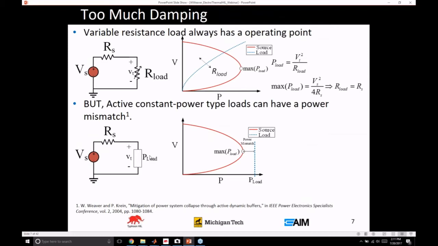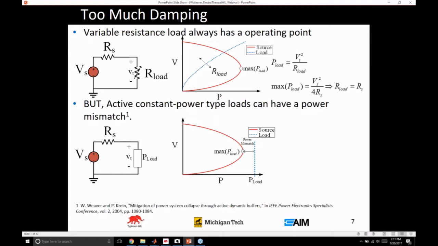Another problem, in fact, this is actually a different problem, is that according to those nonlinear systems, you needed at least a minimum amount of damping, but you can also run into the opposite problem with too much damping in the system.